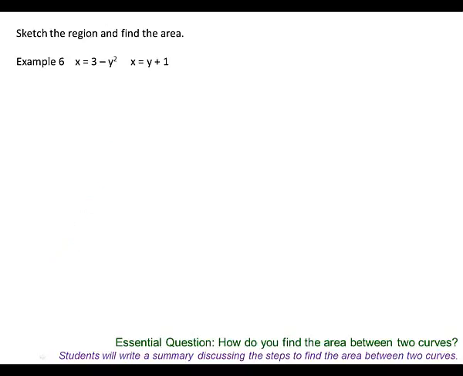We kind of need to figure out what this is going to look like. This is going to be some sort of parabola but laying on its side, isn't it? Okay, because it's y squared instead of x squared. So in order to graph that, I may actually solve it for y because it asks us to sketch it. Okay, so I would move the 3 over, and then I divide by a negative, so it's going to swap my signs.